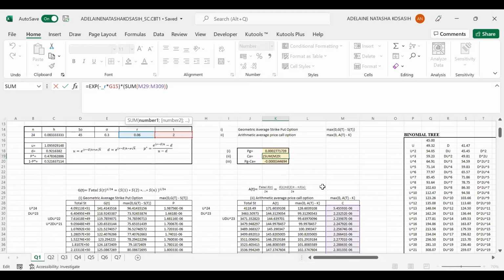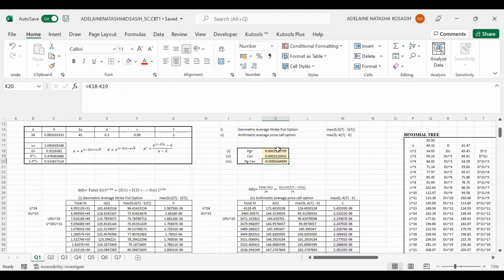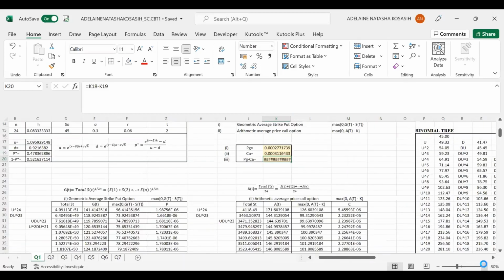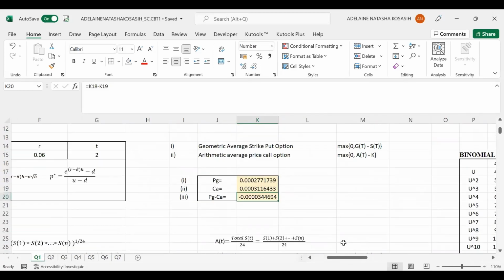So we already got PG, CA. So for the third one, our equation is about PG minus CA. We can just minus all this, PG minus CA. This is the value that we got from here.